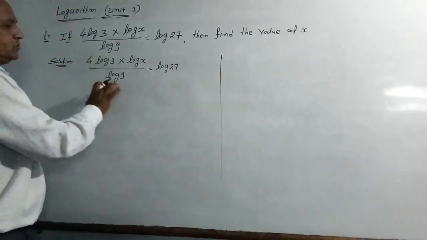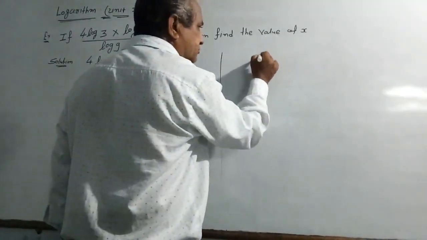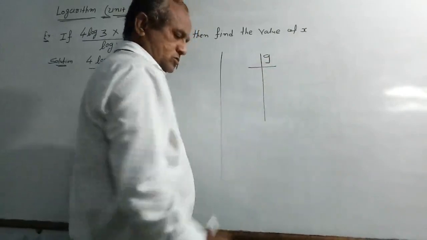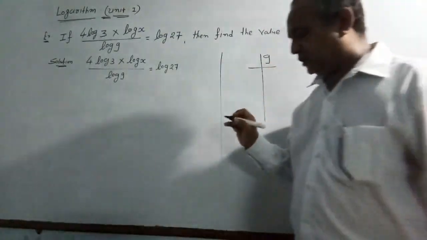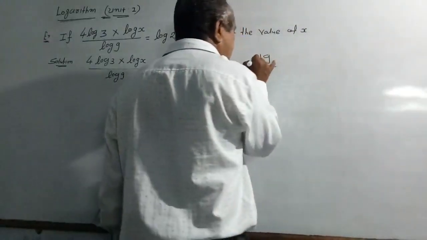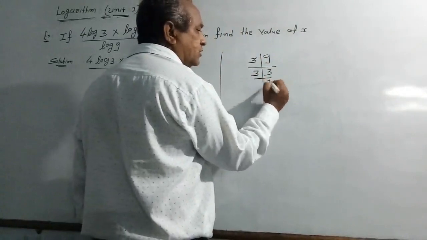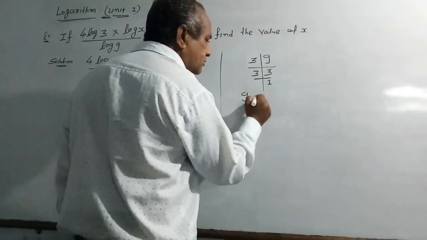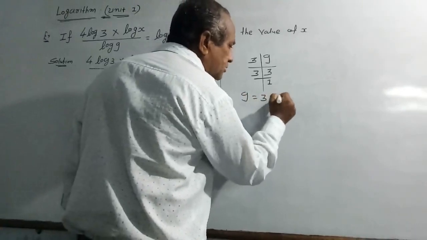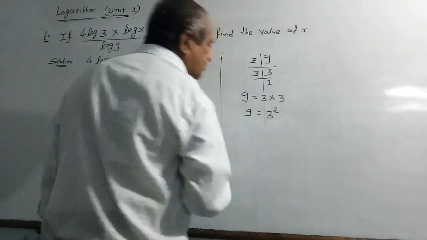Here, first log 9, then the factors of 9. 9 divided by 2? No. 9 divided by 3: 3 threes are 9, and 3 ones are 3. So 9 factors as 3 multiplied by 3, that is 3 square.